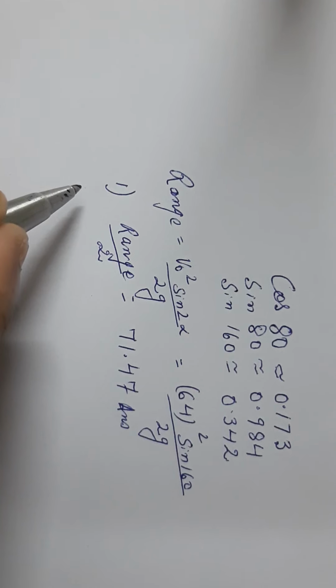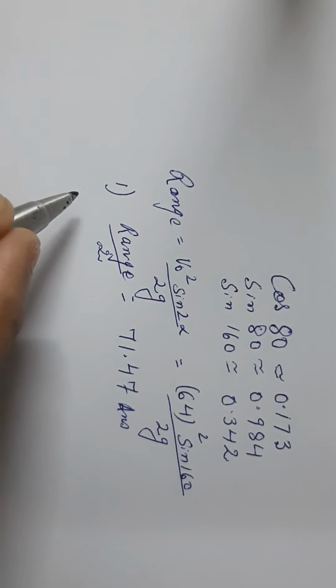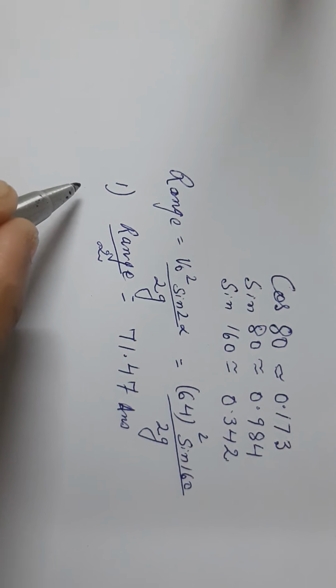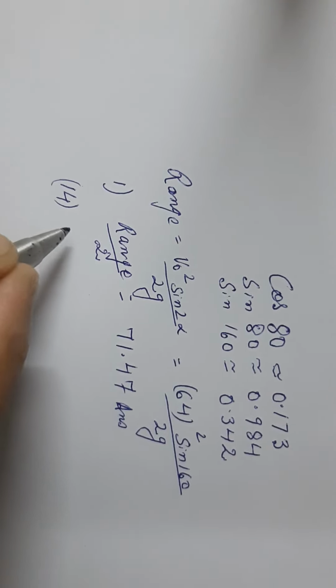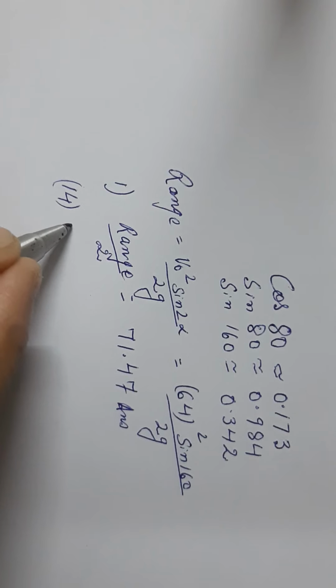What we do is find the initial linear momentum. Before it breaks in two, the initial linear momentum in totality is 14, which is the mass of the unit, multiplied with the x component of velocity.